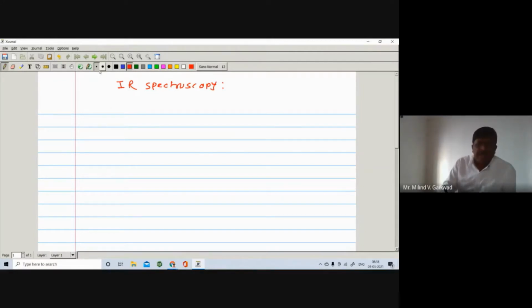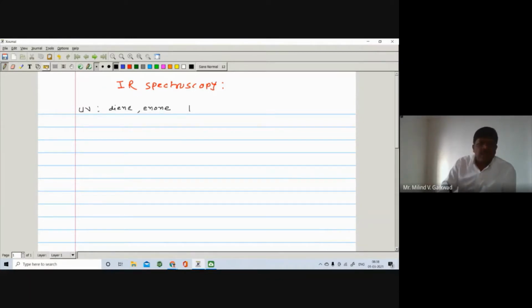We have seen that UV radiation or UV spectroscopy gives information about the diene and the enone system.